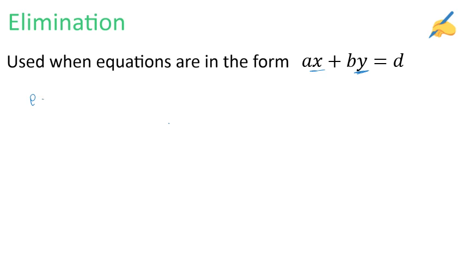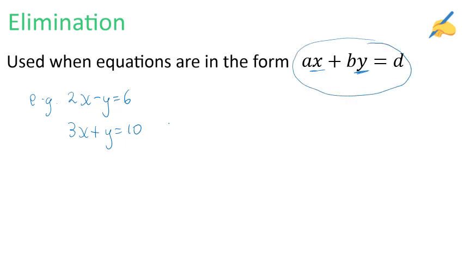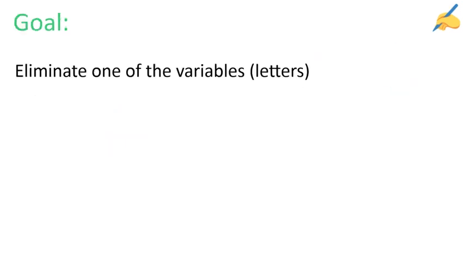For example, if you've got two simultaneous equations like this, 2x minus y equals 6, 3x plus y equals 10, then you would use the elimination method because the equations are in this form here, x's and y's equaling a number. So our goal is to eliminate one of the variables. Variables means letters. So basically we are aiming to get rid of one of the letters. So my letters are either x or y.